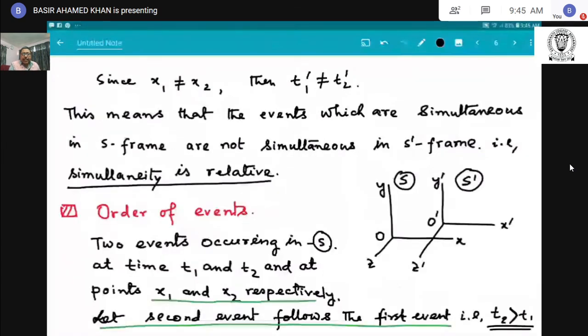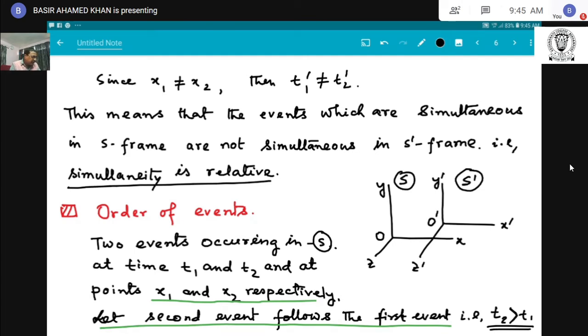Please notice that I have considered two events occurring at positions x1 and x2 at times t1 and t2 in the S frame, and I assume the second event follows the first event in the S frame, that is, t2 is greater than t1.